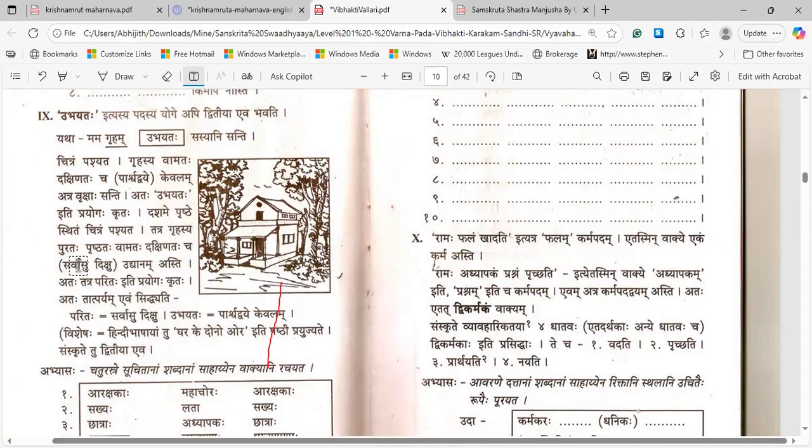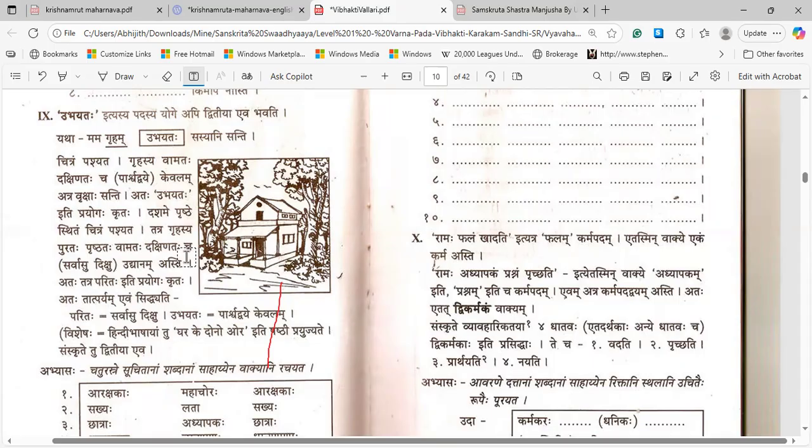Grihasya Purataha Prishtataha Vamataha Dakshinataha. So, four directions. Purataha Prishtataha, front and back. Vamataha Dakshinataha, right and left. Cha Sarvasu Dikshu, all the directions, Udyanam Asti, in that previous picture. Ataha Tatra Paritaha iti Prayogaha Kritaha.